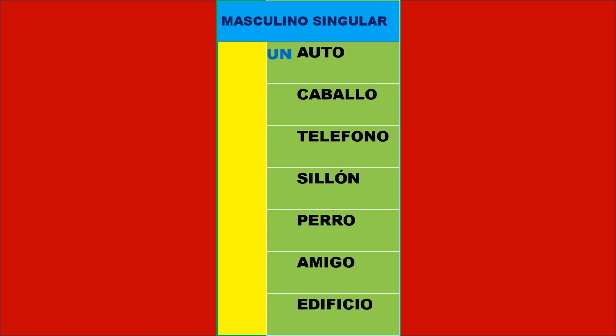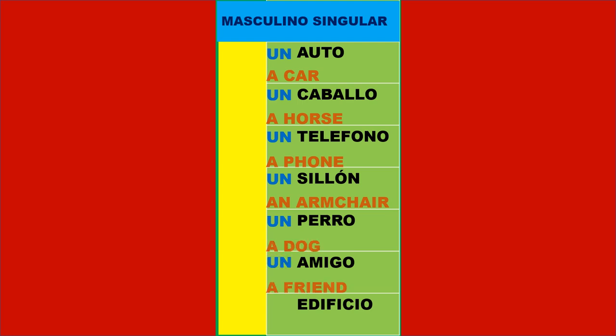So we use un auto, un caballo, un teléfono, un sillón, un perro, un amigo, un edificio. Okay, all of them are masculino singular, singular masculine.